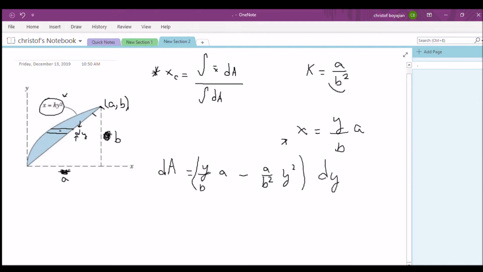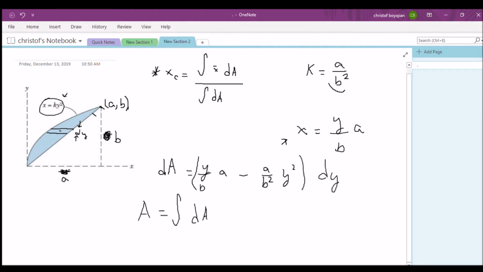Now, let's go ahead and solve for the area of this whole thing right here. So the area should be the integral of all of our dAs. Okay, now what are our limits? So let's say we're adding all of these rectangles starting from this point right here, which is 0, all the way up to b, because we're doing it with respect to y.